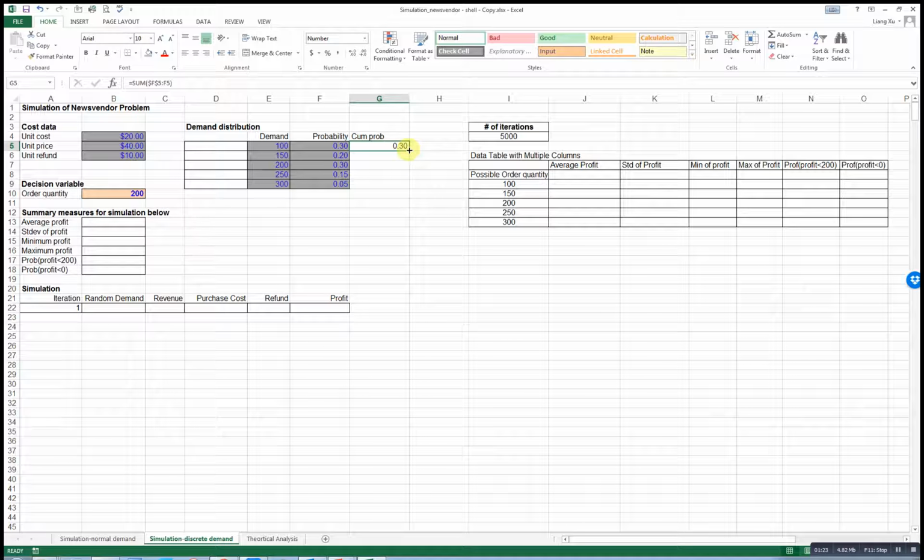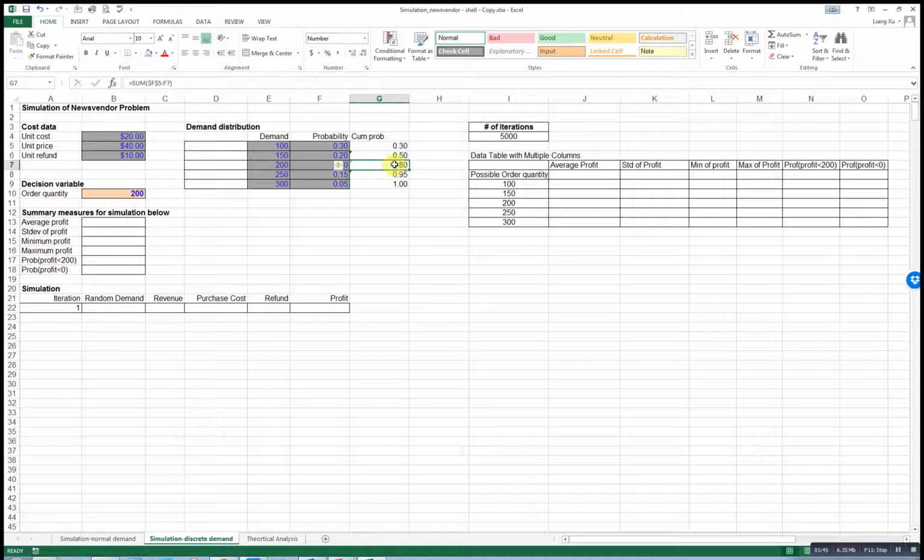So if we write this formula and drag all the way down, you get the cumulative probability. For the second cell, it is basically the cumulative of the first one and the second one, because we lock the first one, so the first one will always be the same. As we drag through, the second cell will change correspondingly, and it will give you the cumulative.